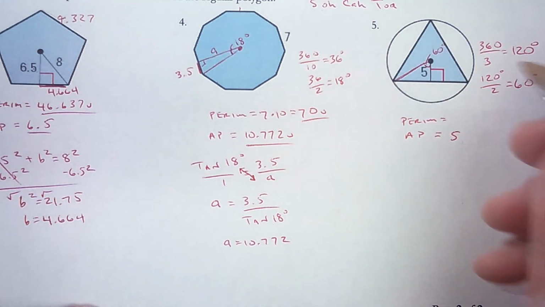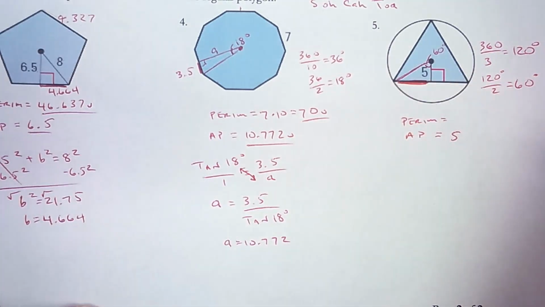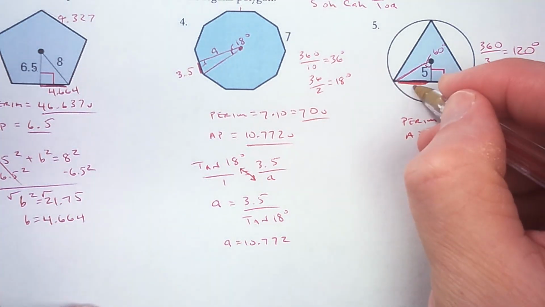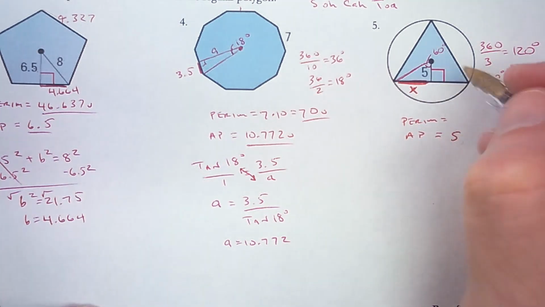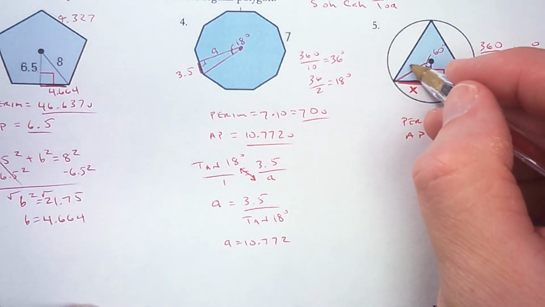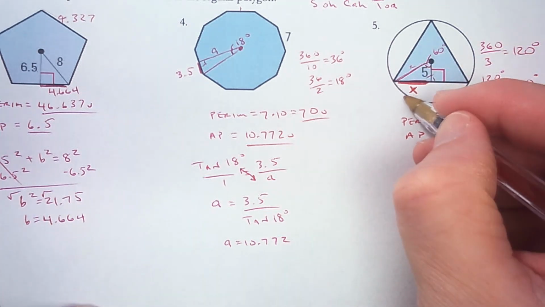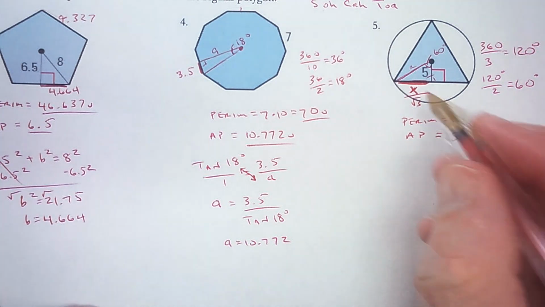Now this one I'm going to find an exact measure for this side right here using a 30, 60, 90 triangle. So on a 30, 60, 90, and I'll call this right here X. The shortest side is to 1, as the hypotenuse is to 2, and the remaining side is to the square root of 3.